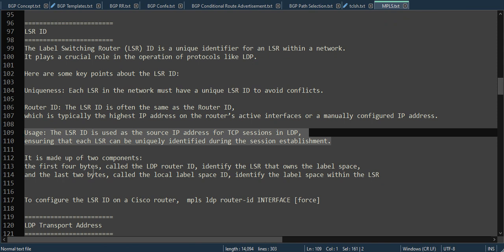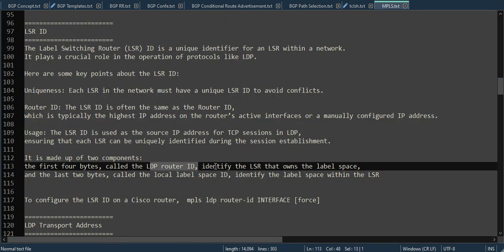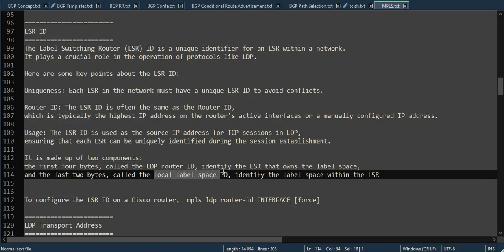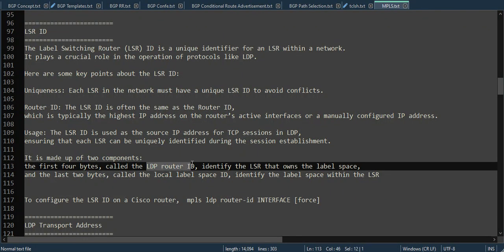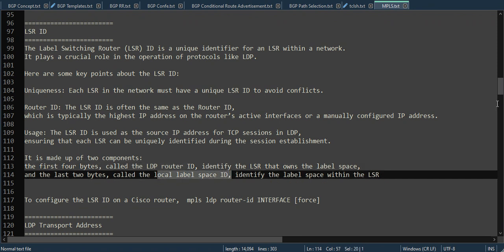The first 4 bytes, called the LDP router ID, identify the LSI that owns the label space, and the last 2 bytes, called the local label space ID, identify the label space within the LSI. This is the LSI concept, two parts: one is the LDP router ID, and the other one is the local label space ID.